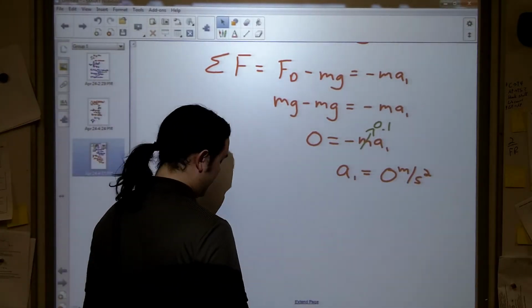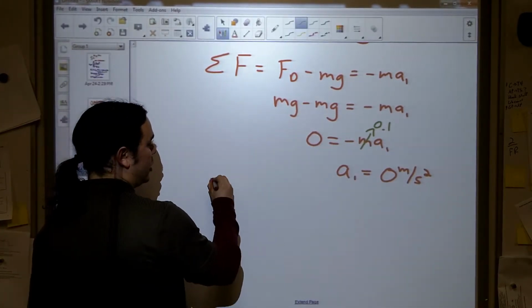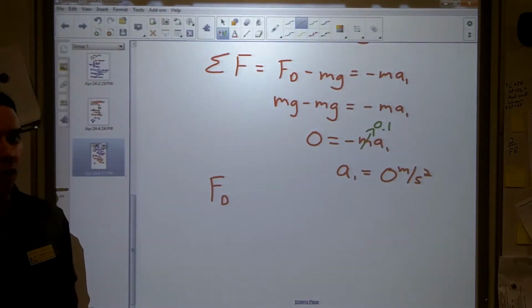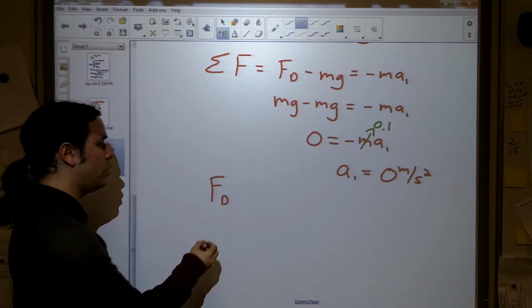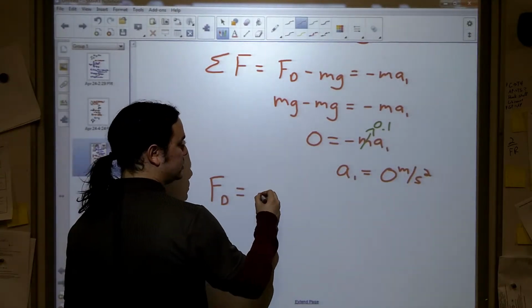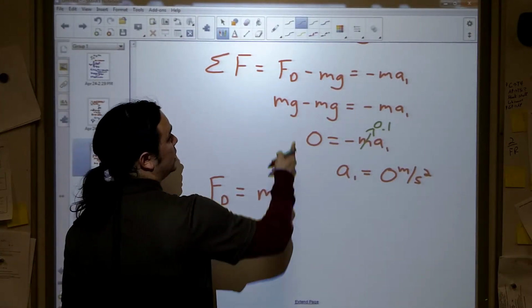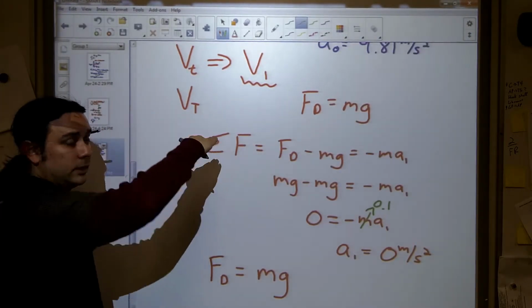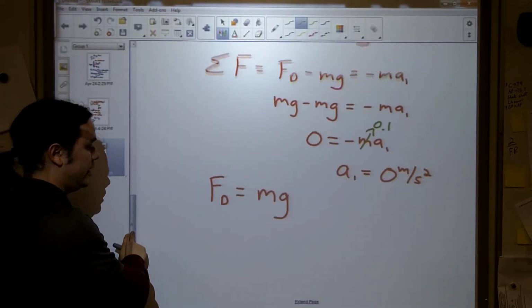Great. I wanted to find the terminal velocity, but now I know at this point it's not going to speed up or slow down anymore because we have an acceleration of 0, which means my drag force is going to be equal to mg. That's what we said would be the final result of this when it finally reaches terminal velocity.